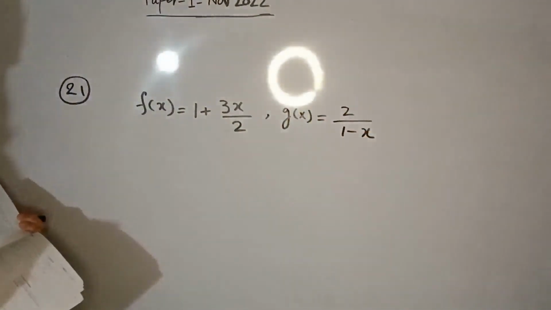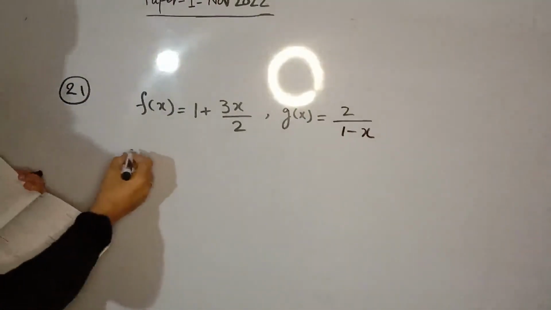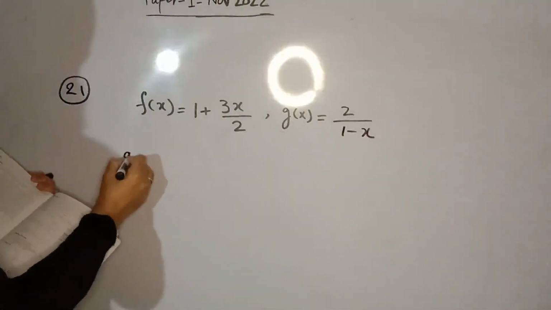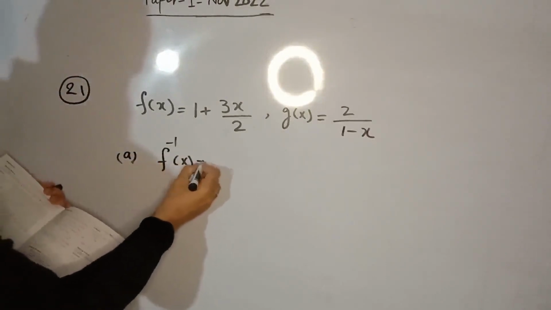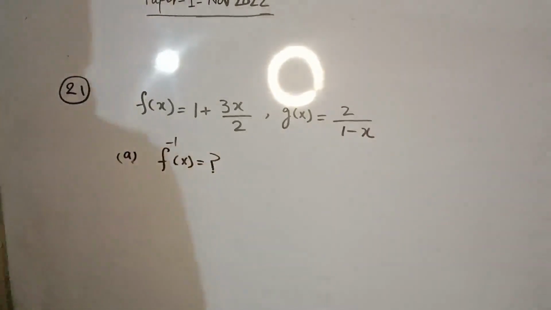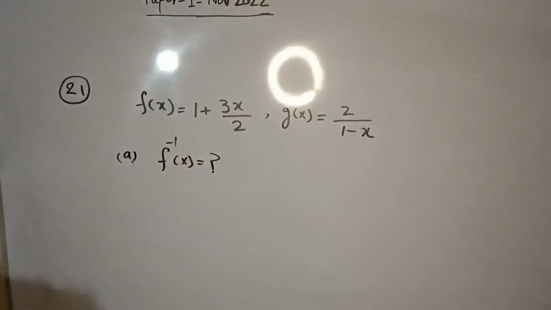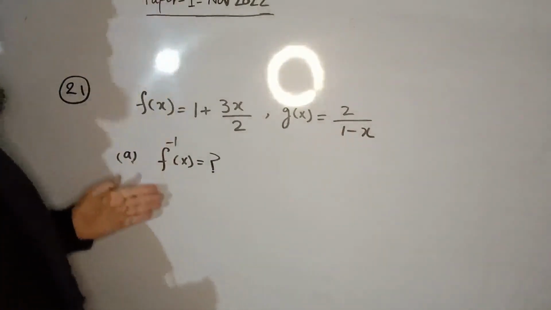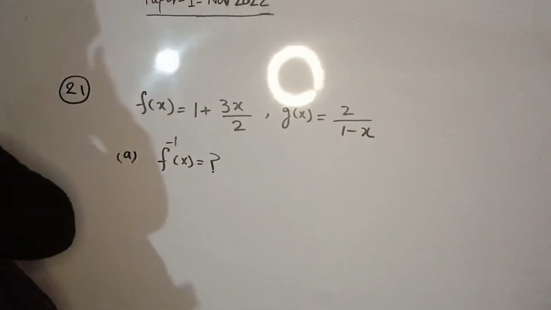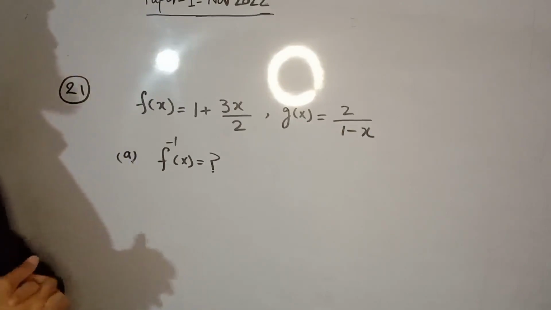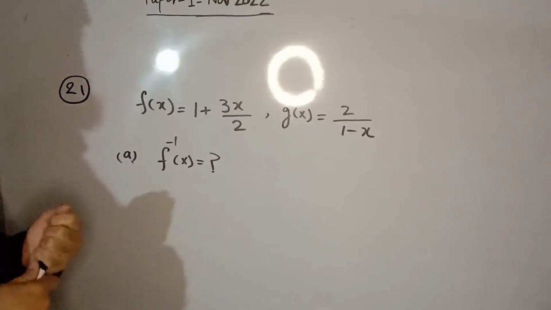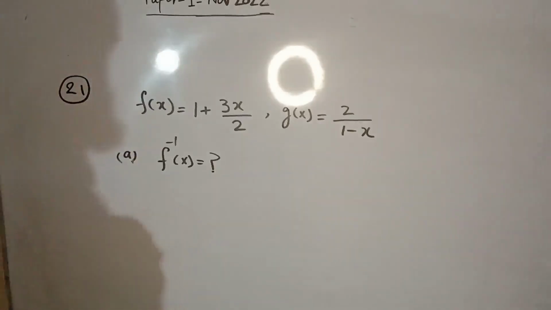Question is, find, a part is find f inverse of x. You can find questions on how to find f inverse also in my videos about paper 1 of June 2010, and again we are solving it again.